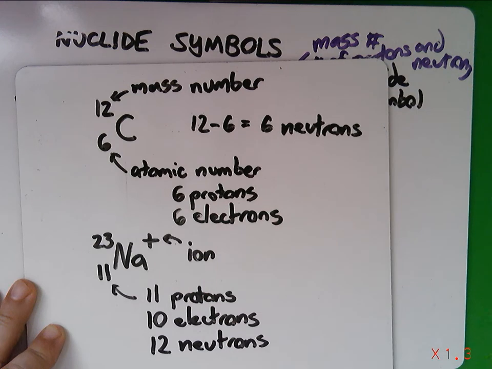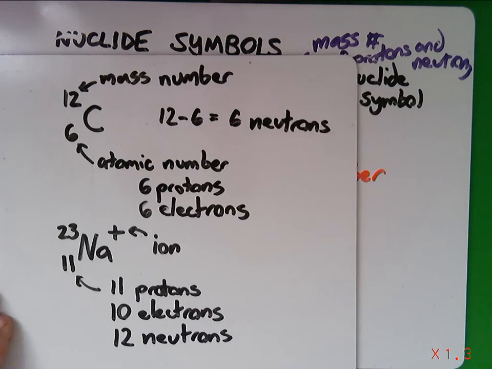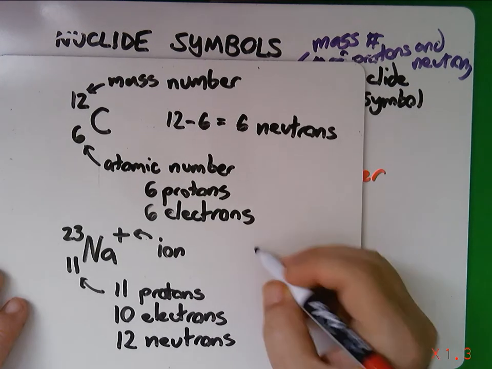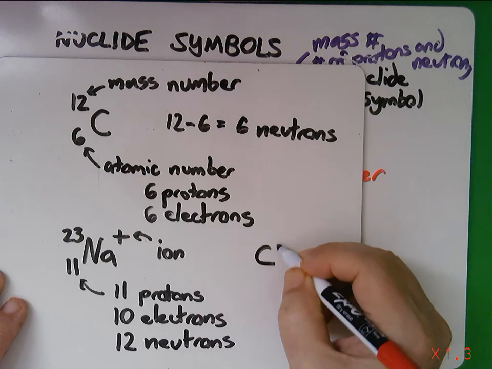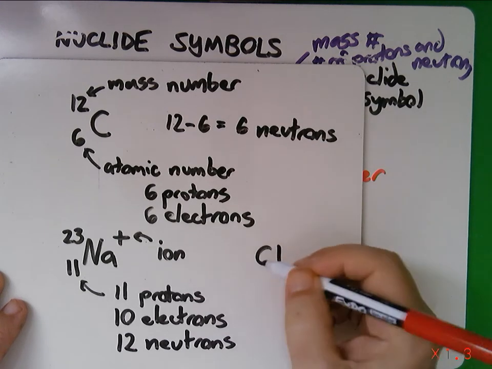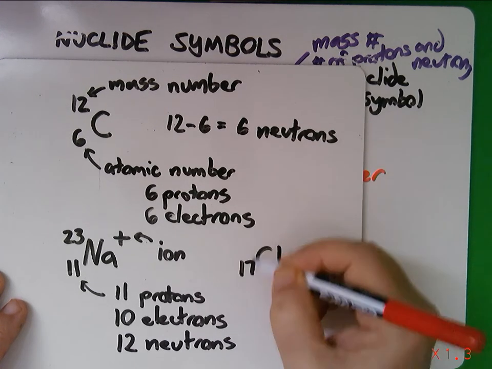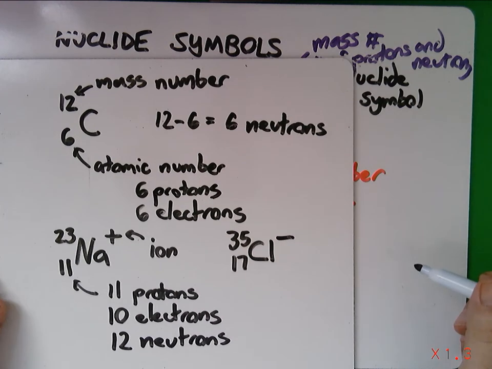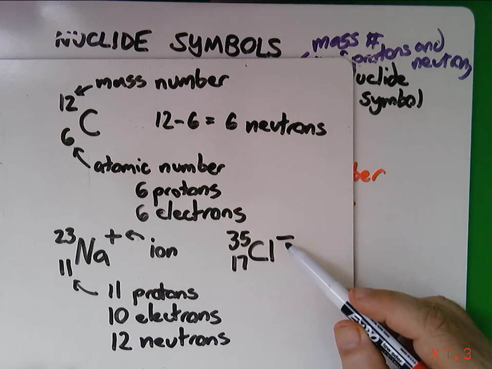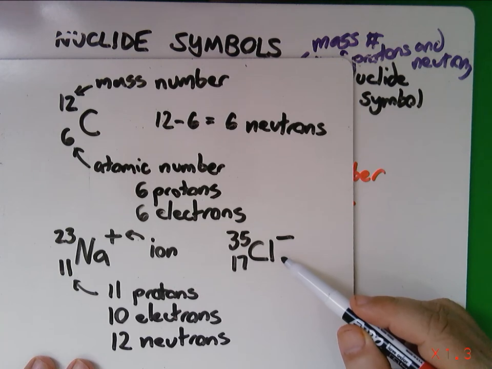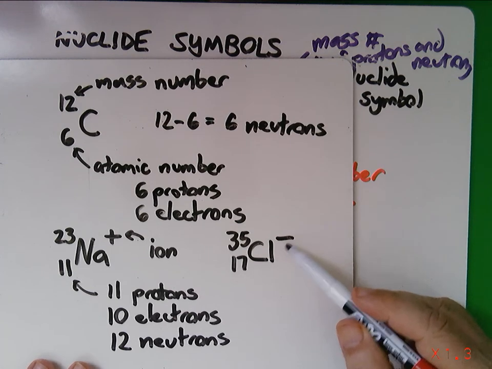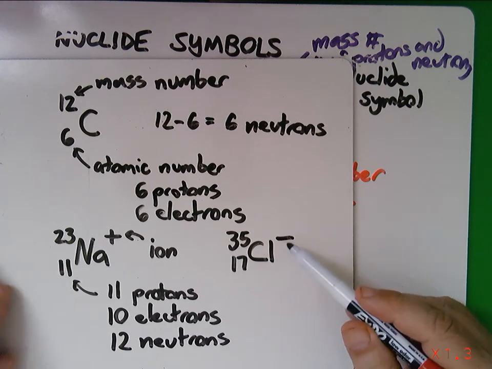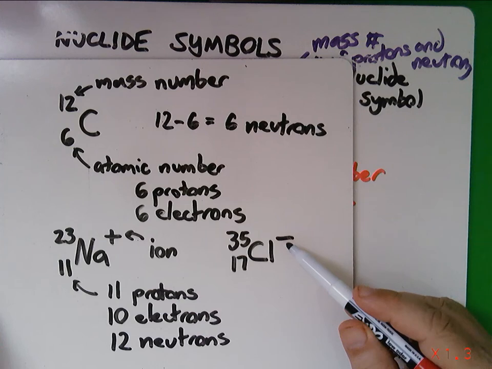So let's do another one that's an ion. How about this. Now this has a charge on it, so this is an ion as well, and that means that the number of electrons and protons are not going to be equal for this, but this time it's a negative charge.